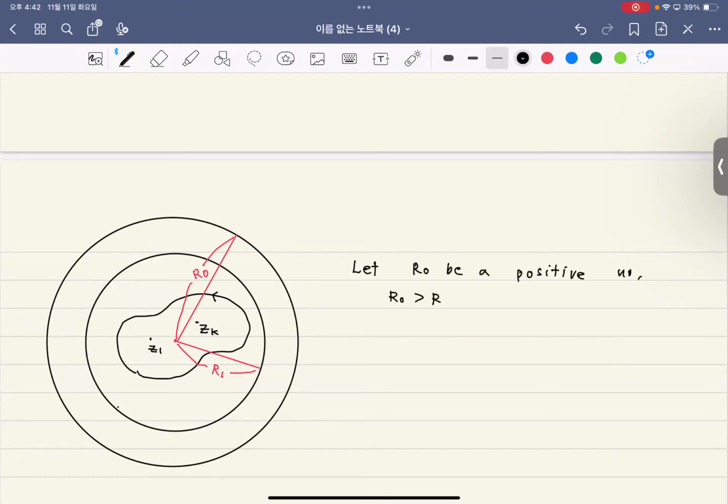R0 is greater than R1. And we consider a circle whose radius is R0. But this time around, this guy is not positively, but negatively oriented.